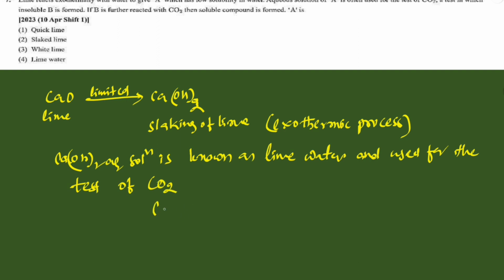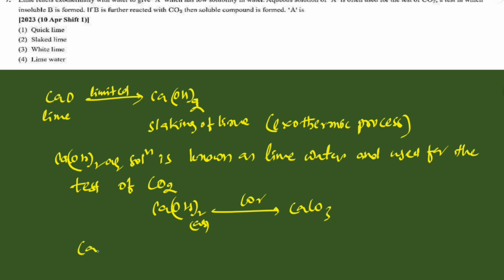For example, calcium hydroxide with CO2 becomes calcium carbonate, CaCO3.